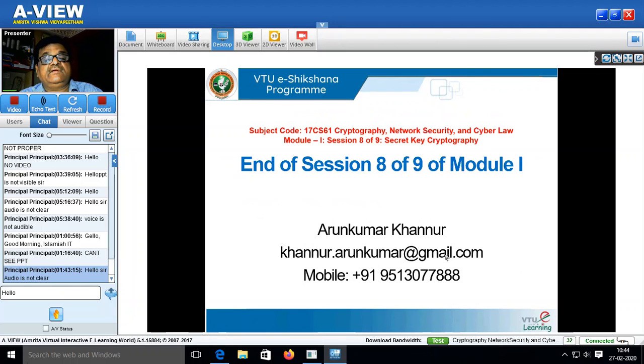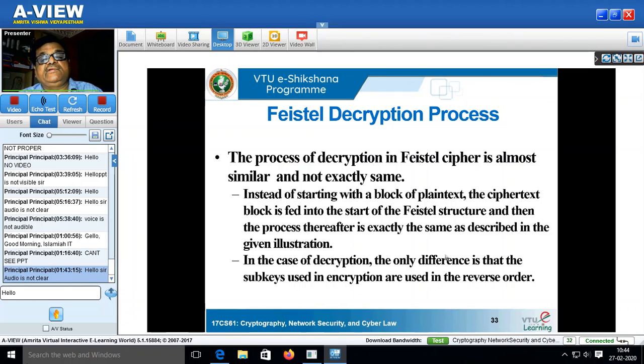So with this, we come to the end of the session. In today's session, we have discussed secret key or symmetric key cryptology, and we have discussed confusion and diffusion, and the block structure and its use.